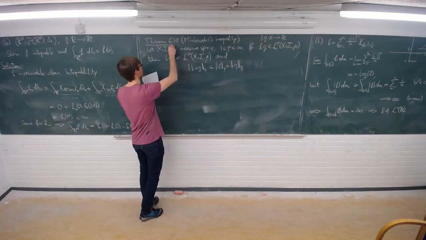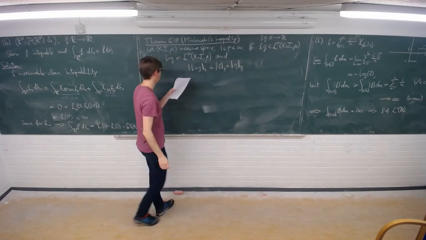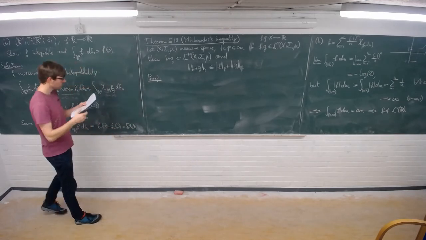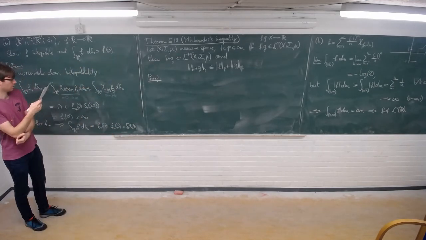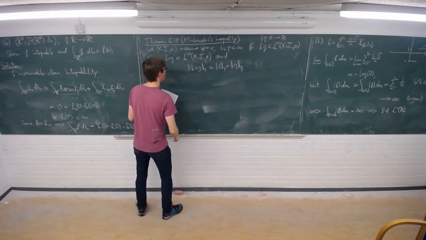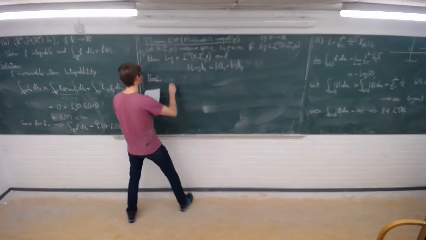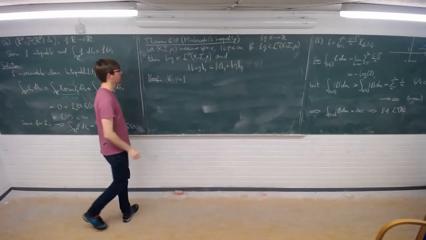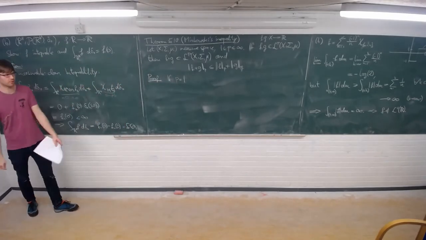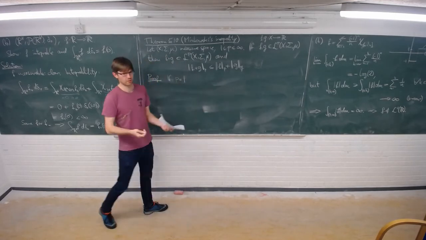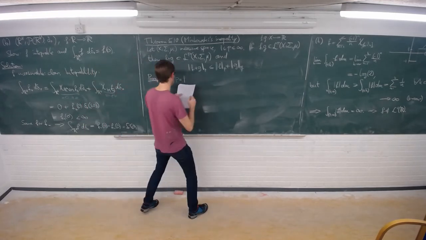That's what Minkowski's inequality is. And indeed, in the case p equals 1, it's really simple. It follows immediately from the usual triangle inequality for real numbers.